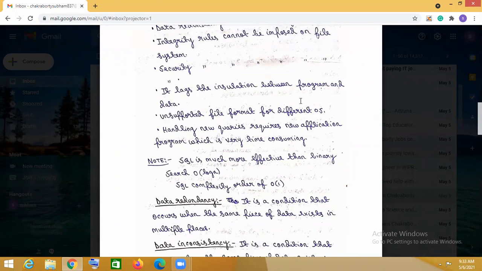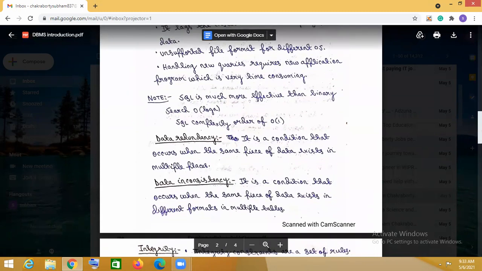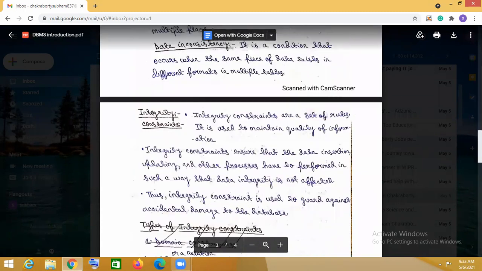Anything that is order of 1 is much simpler than order of log n. So this is about the drawbacks of the file system.